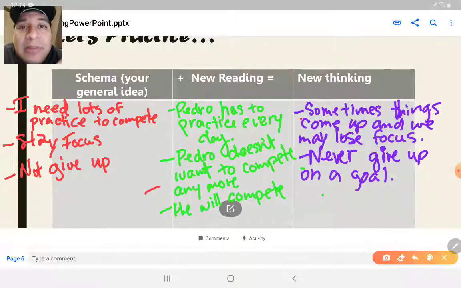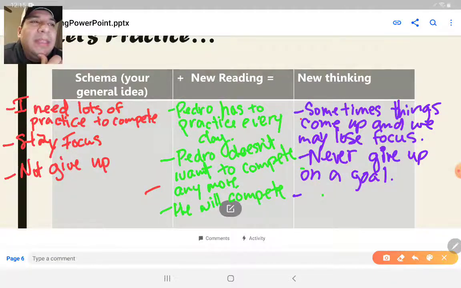Something you're trying to accomplish, don't give up on it. Sometimes it's hard and it's rough, but you can make it through. Sometimes maybe we need somebody to talk to us, whether it be a relative, a friend, a counselor, a teacher, or somebody that could make us feel better about what we're doing or what's happening, right? And then we go ahead and do it.